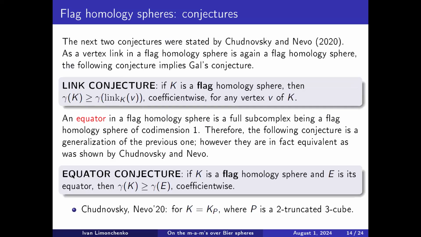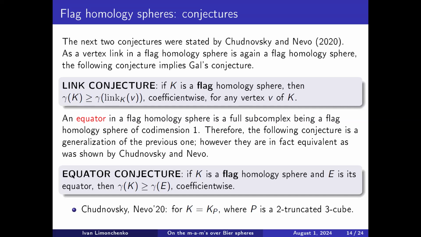And finally, I would also like to mention these two conjectures from the paper by Chudnovsky and Nevo, which actually, this link conjecture, they showed is more general than Gal's conjecture and implies Gal's conjecture, so it is stronger. So for any flag homology sphere, gamma of K is component-wise greater or equal to gamma of the link of a vertex. Well, you know that for flag complexes, the link is a full subcomplex, and it's also flag, and also it's a homology sphere.